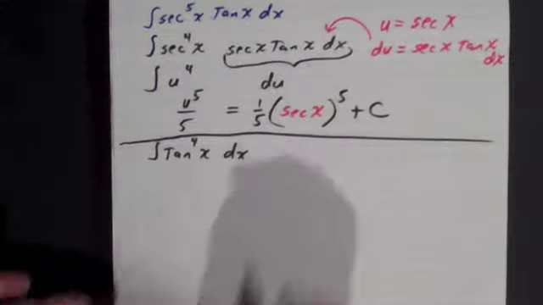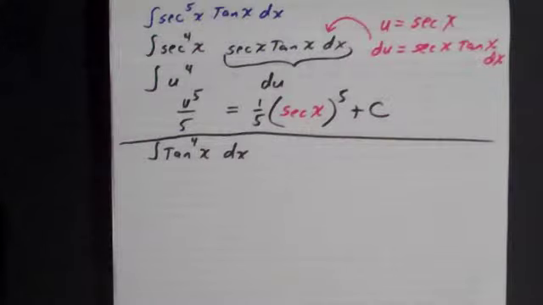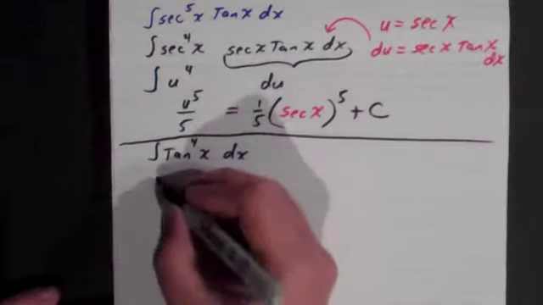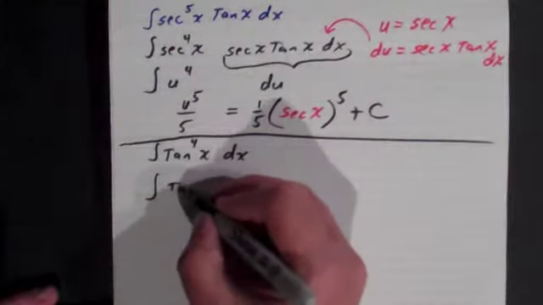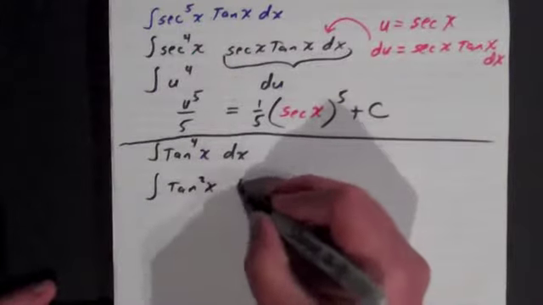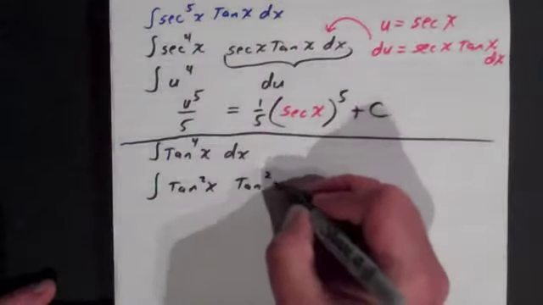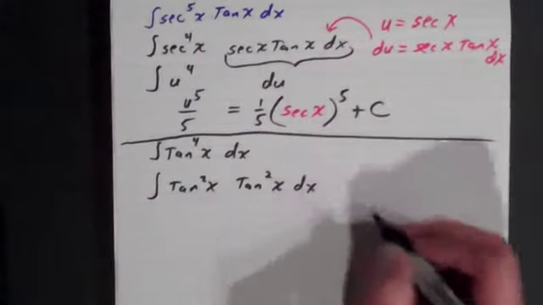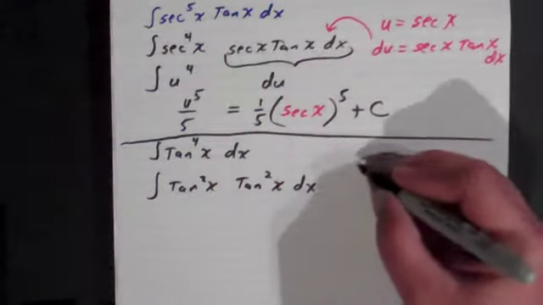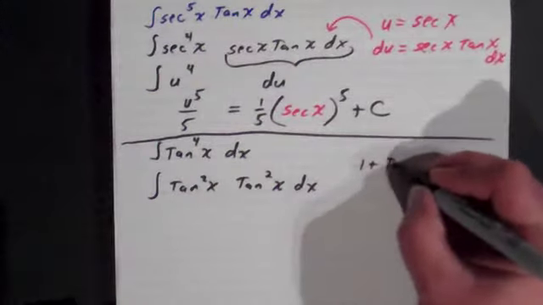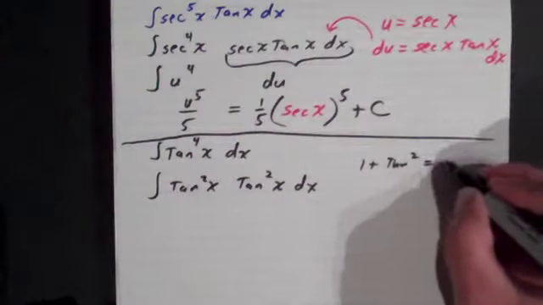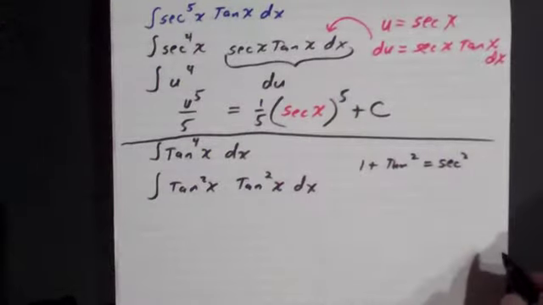Now how about if you had tangent to the fourth? This is a difficult one. It could be broken up into tangent squared times tangent squared. Now I know that 1 plus tangent squared is equal to secant squared.